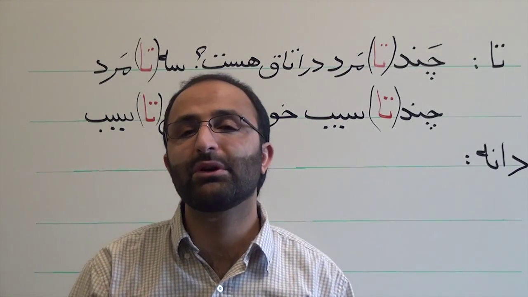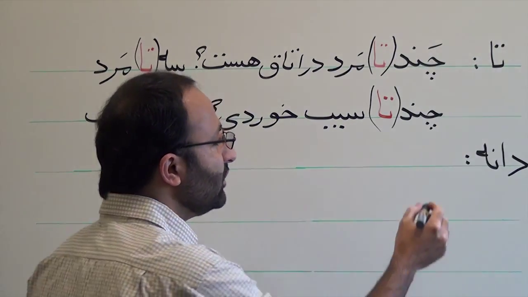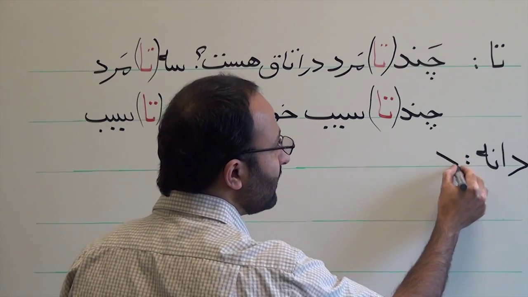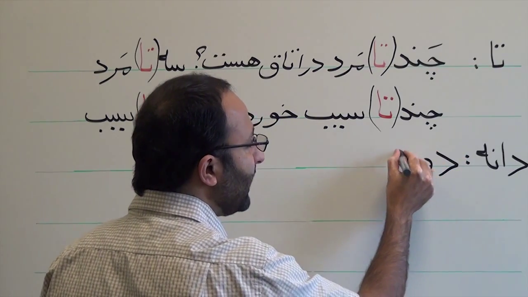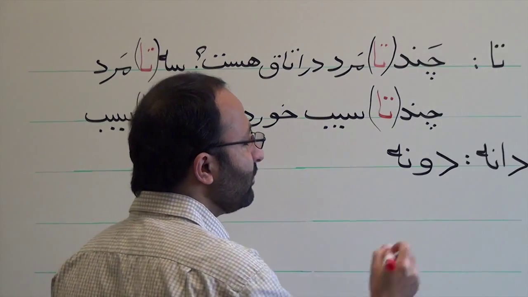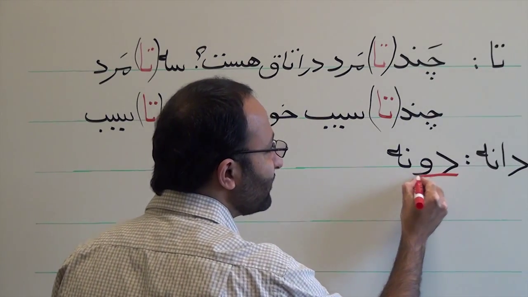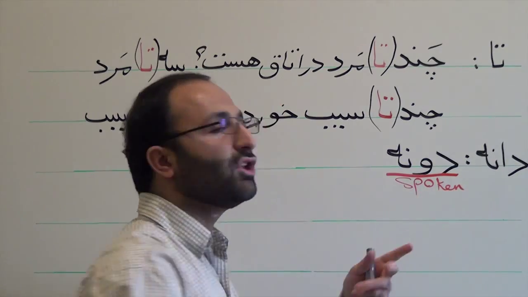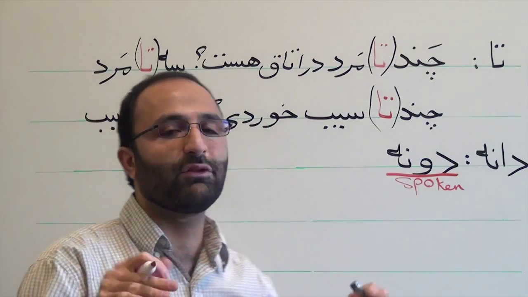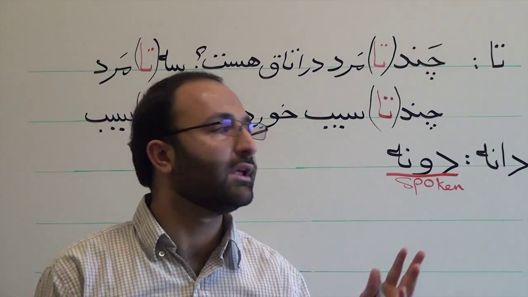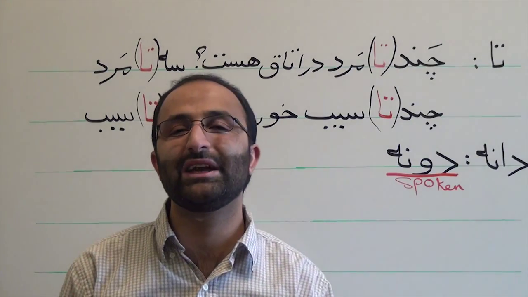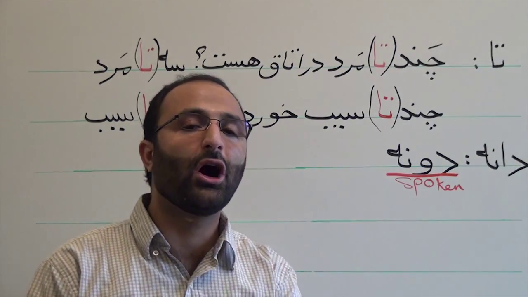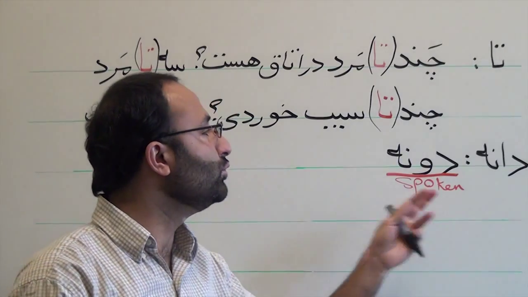Dane in spoken Persian is dune. So it is very important to know that in spoken Persian, you never hear dane, except from someone who talks like books. So always you hear dune. Ane changes to une, dune.